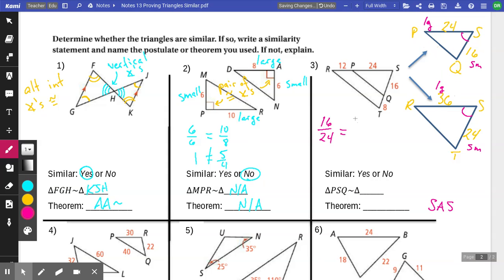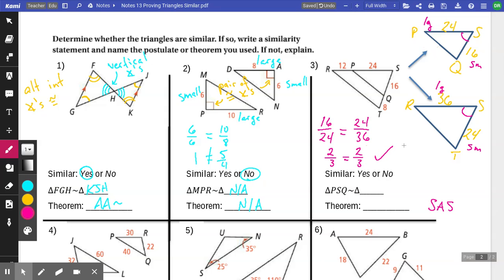And so we're comparing 24 to 36. Check that really quickly. This one reduces to, you could divide them both by 8, and you'd get 2 to 3. And the other, oh, I put the wrong measurement down. That's a 36. Right, the larger side here is 24, larger side here is 36. We could divide both of these by 12, and we get 2/3.